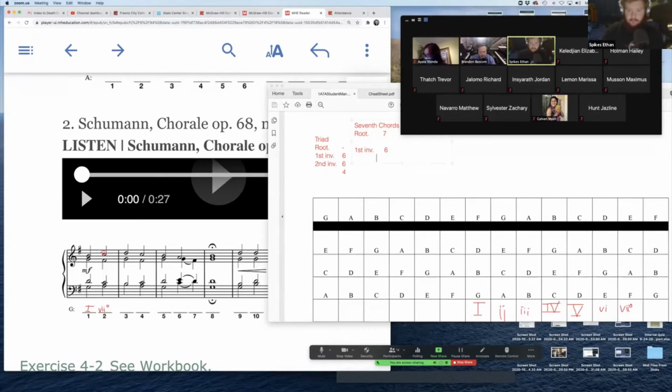If we're in second inversion, we get a 4, 3. And if we're in third inversion, 4, 2. The seventh chords are easy to remember because it just counts down from 7.